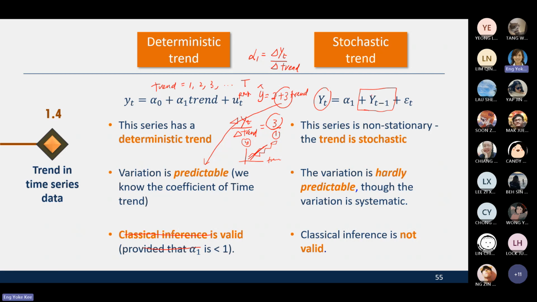All right. So look at this value. What is the coefficient here? It's 1, right? This one is silent, right? You will see a coefficient for this value, but because this is 1, you don't see any symbol here. So what does it mean? So if I see this alpha 2, what does it mean? Change in y due to change in y t minus 1, right? So if this is equal to 1, what does it mean?